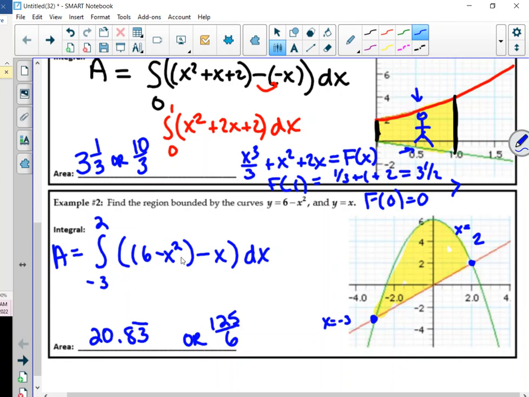I mention that because if you happen to do the work and get a negative answer, chances are you've got something flipped around. You've got either your limits of integration flipped around, or you've got top minus bottom flipped around, because these areas are not going to come out as negative values.